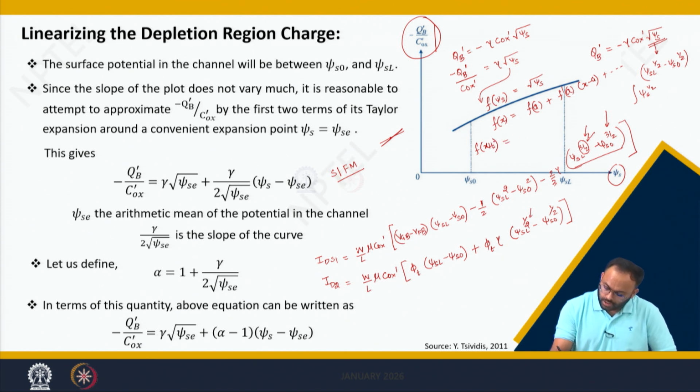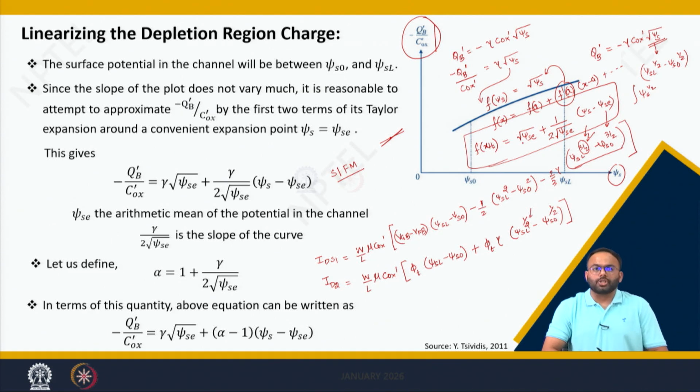We can simply rewrite this function as square root of psi s e plus differentiation of this function, meaning 1 over 2 into root psi s e into psi s minus psi s e.